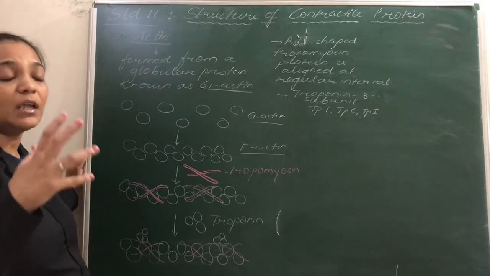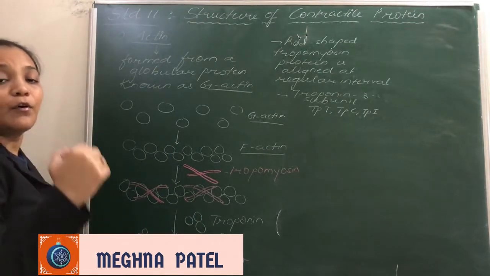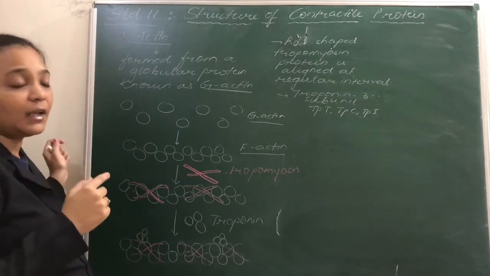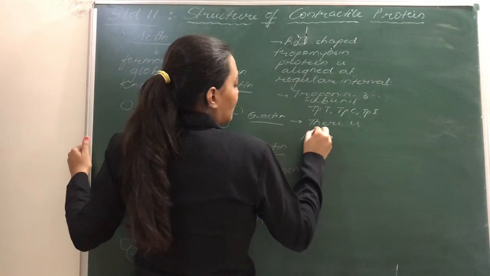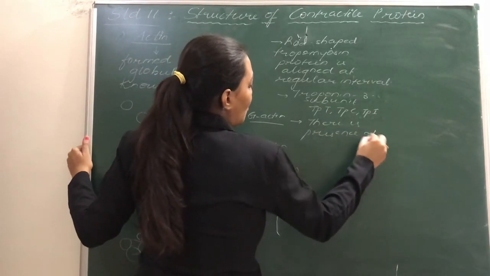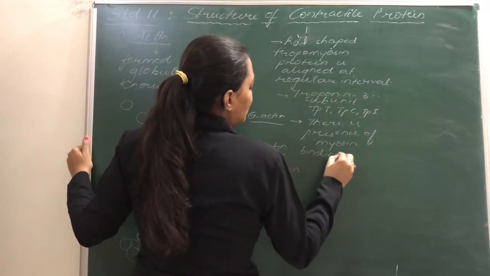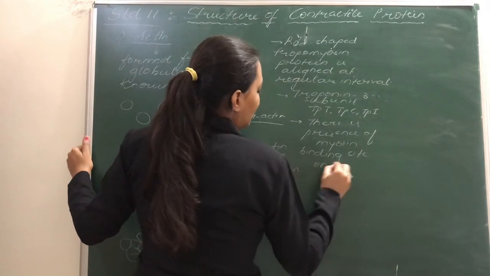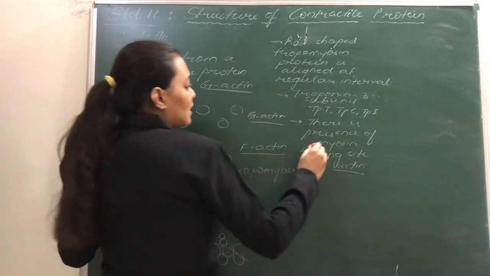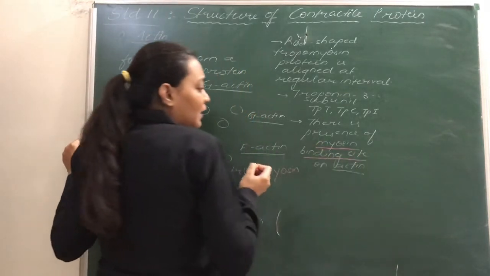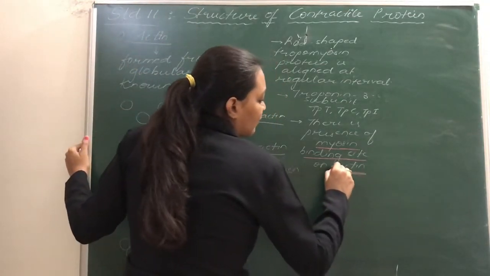TnI is an inhibitory site, and that will be hiding the myosin binding sites on actin. There is presence of myosin binding sites on actin. These are the sites for binding with myosin, so myosin binding sites are present on the actin.